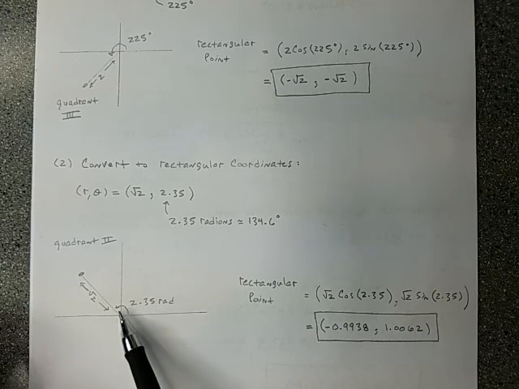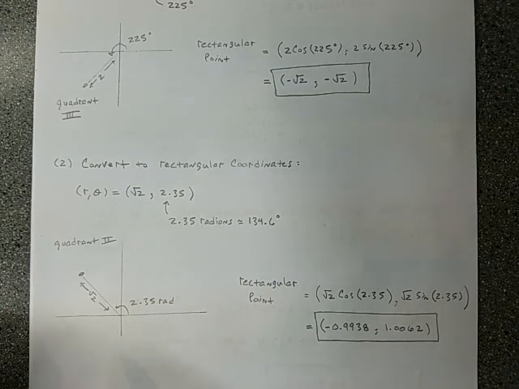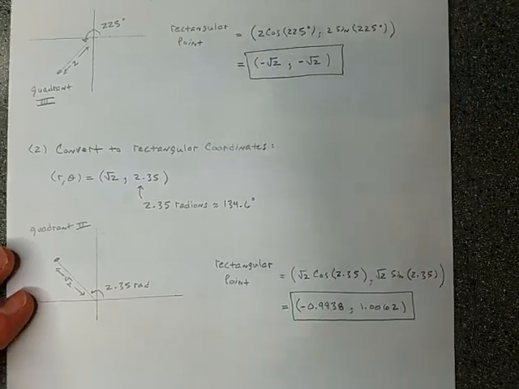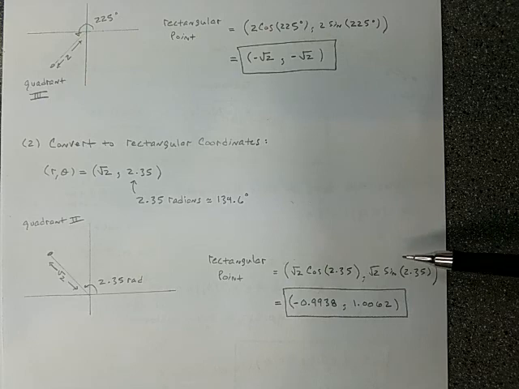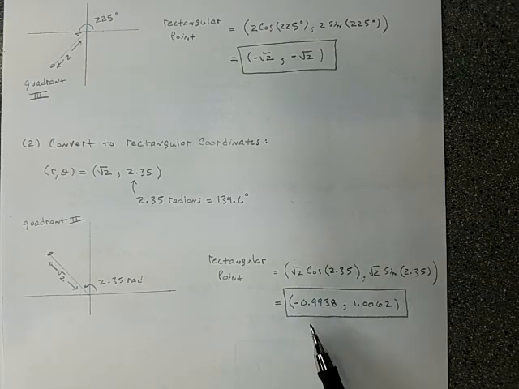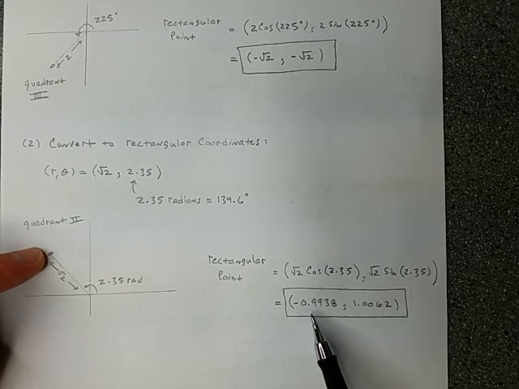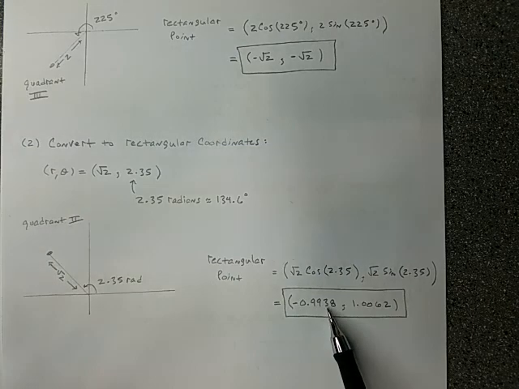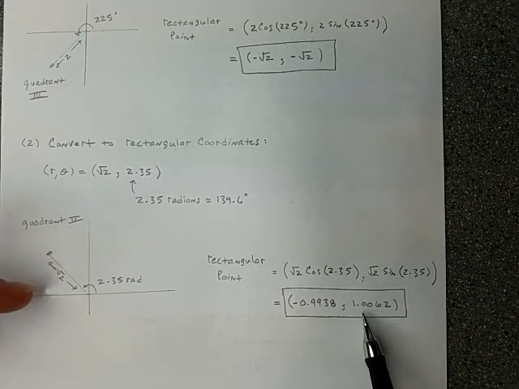Rotate about 134 degrees, go out a radial distance of root 2. That's where your point is. We can use the same formula as in that first problem, r cosine theta, r sine theta. Those are the rectangular coordinates. It turns out you get that point by going left 0.993 and then up 1.006. Left and up, x and y.